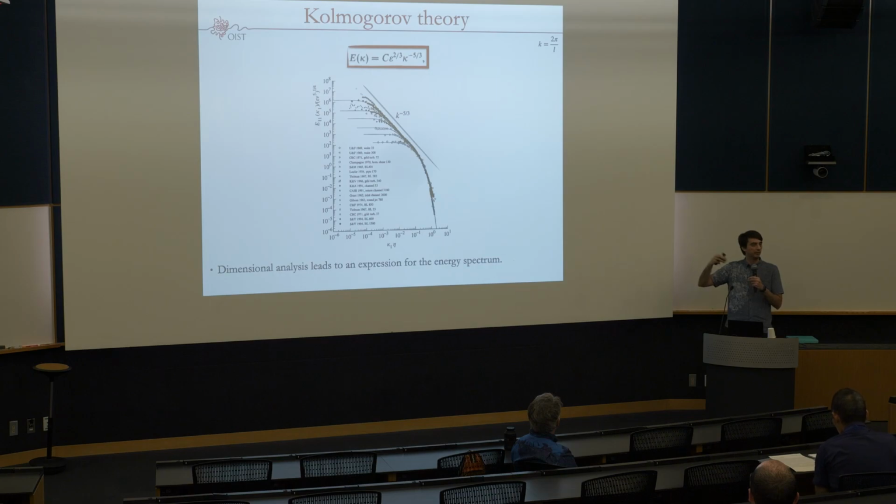And you can get that only if your Reynolds number, which is what I said before, the ratio of the velocity and the viscosity, is very large. So as you go from this case to this case, the Reynolds number is increasing, and the range where this is a power law increases. So first of all, you need a large Reynolds number, and that's maybe why people were measuring different things.